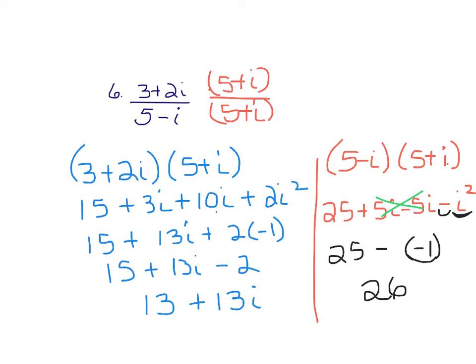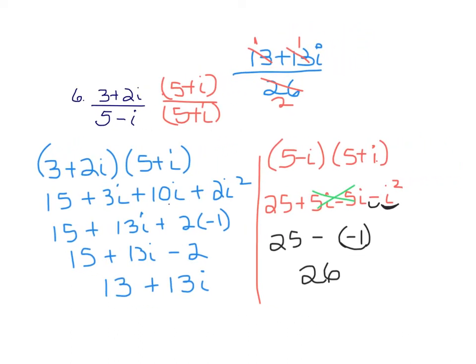So now I'm going to put it all together. So my numerator is 13 plus 13i over 26. I can now simplify all three pieces and divide them all by 13. So 13 divided by 13 is a 1. 26 divided by 13 is 2.